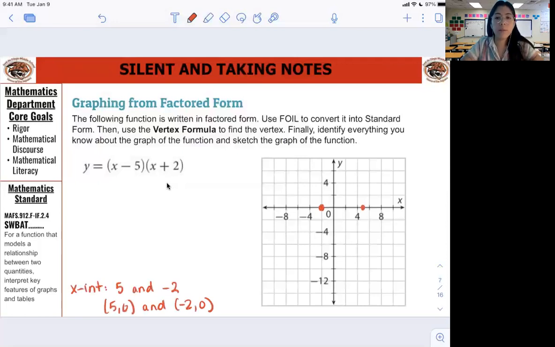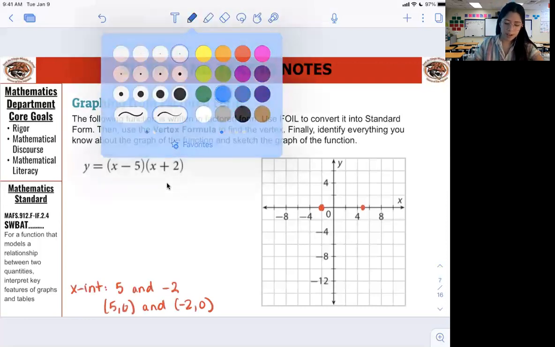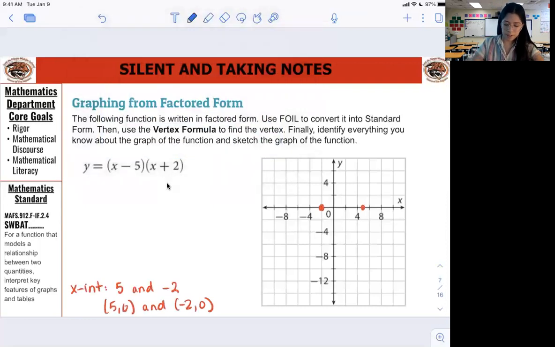All right, and then remember what we said, we're missing the vertex, but the vertex is really important because without the vertex, I don't know if this is going to be wider like this, or is it going to be super skinny like that? Without the vertex, you won't know where the function goes. So we're going to have to turn this into standard form real quick using FOIL.